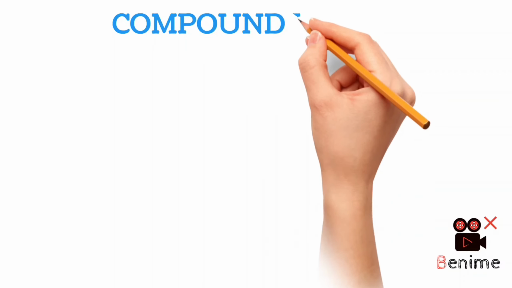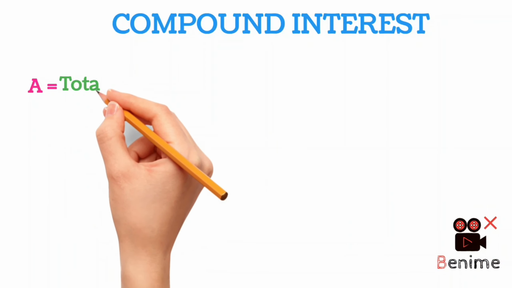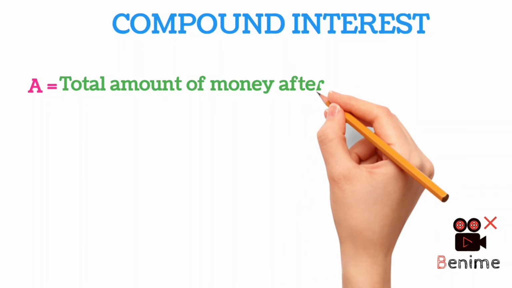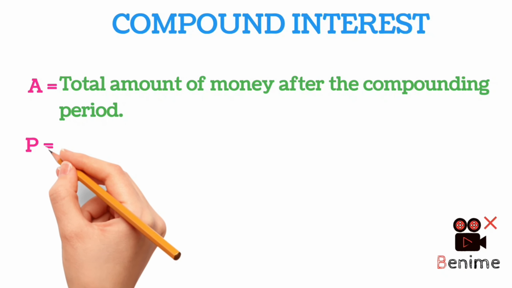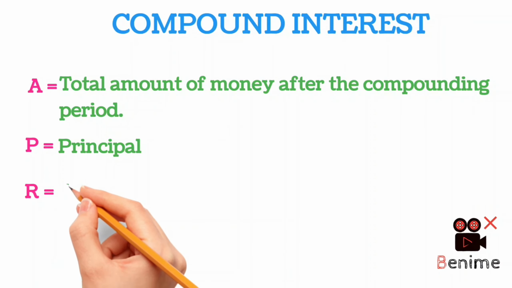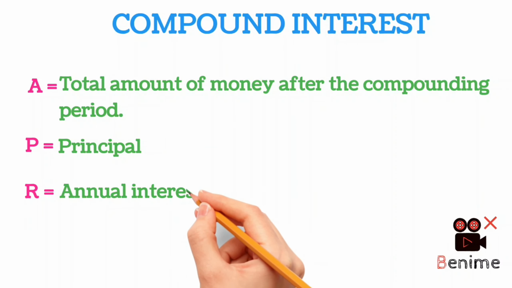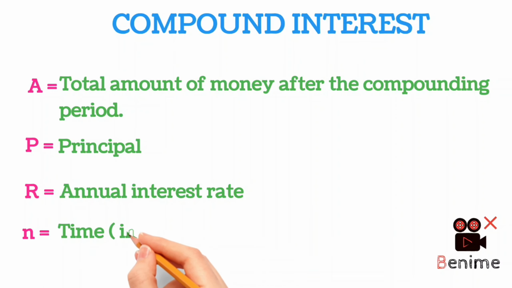Now I will derive the formula of compound interest. At first I will give some notation. Here A is the total amount of money after the compounding period, P is the principal, R is the annual interest rate, and N is the time in years.